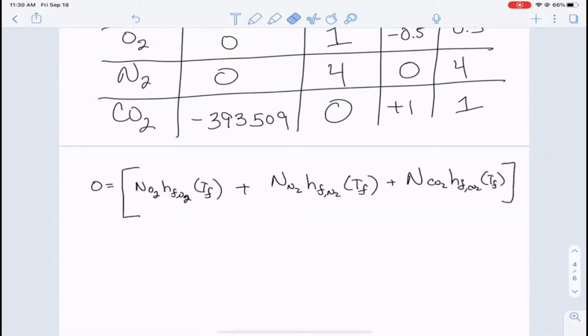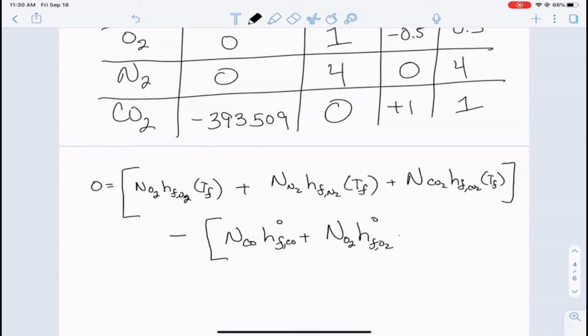So then we have to subtract the equivalent term of the things that are entering the system. And so that is the molar flow rate of CO times, since we fed everything at atmospheric temperature and pressure, just the standard heat of formation. Then plus the other thing that's entering, which is oxygen. So that is the number of moles of oxygen entering times the standard heat of formation for oxygen, plus the number of moles of nitrogen entering times the standard heat of formation for nitrogen, right?